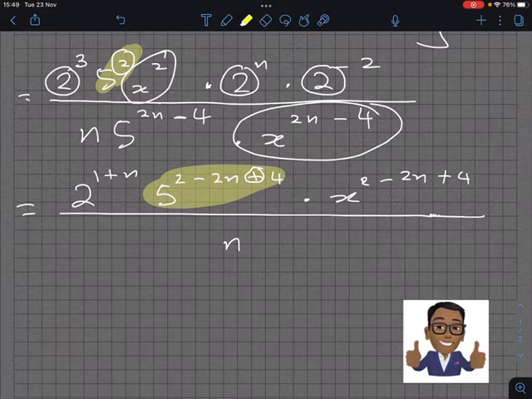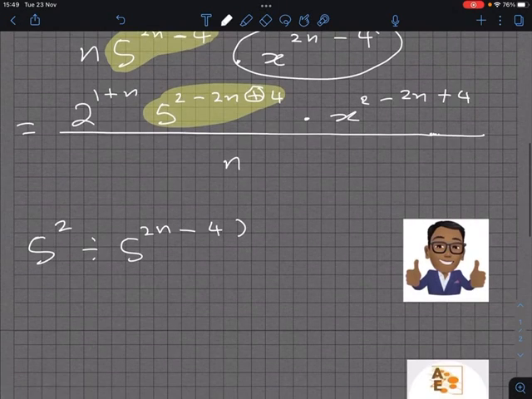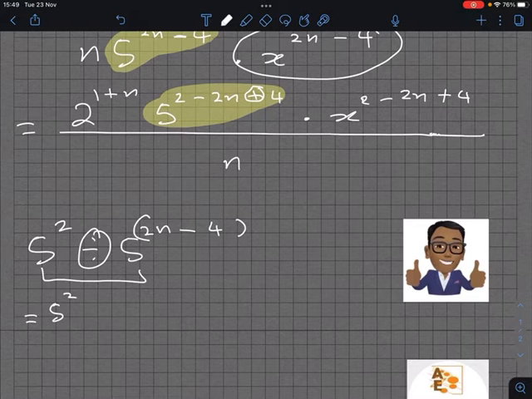Okay, and I just highlight these two, right? So what happened is that we have this 5, the numerator is 5 squared, divided by 5 to the power of 2n minus 4, right? The bases are the same, so what you have is 5 squared, divided by, so minus, 2n minus 4.